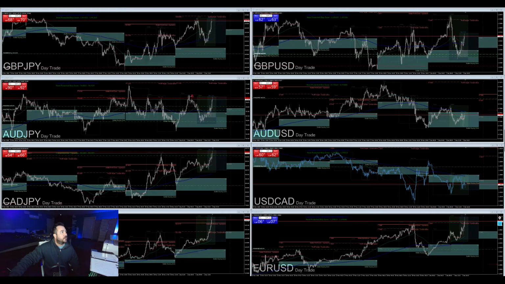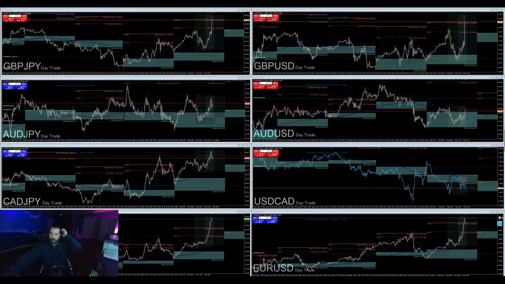Going to place an alert for once we break this high here. I'm going to move up my stop. All right, just came back from doing some cooking.